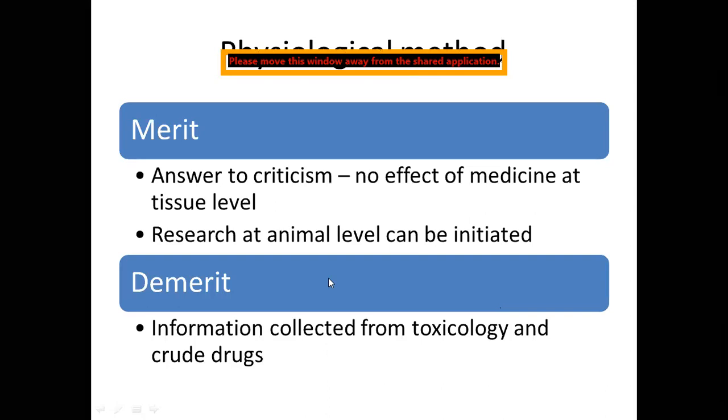And then, what is the important demerit of this method? Whatever information is given about the sphere of action, about the physiological action of the drug, is more and more collected from toxicology and the effects of crude drugs which are found accidentally. What is toxicology? It is a second year subject, I think, forensic medicine and toxicology. So you must have understood what toxicology is.